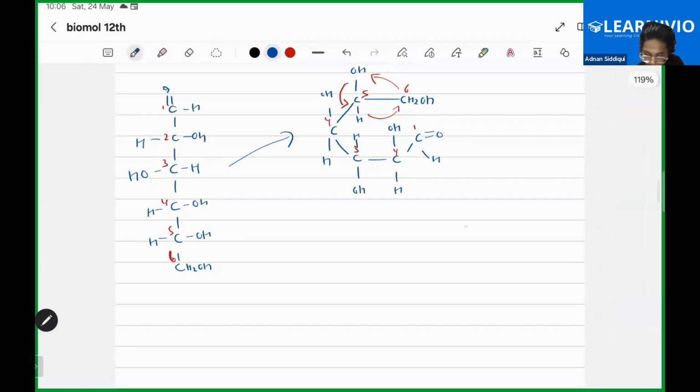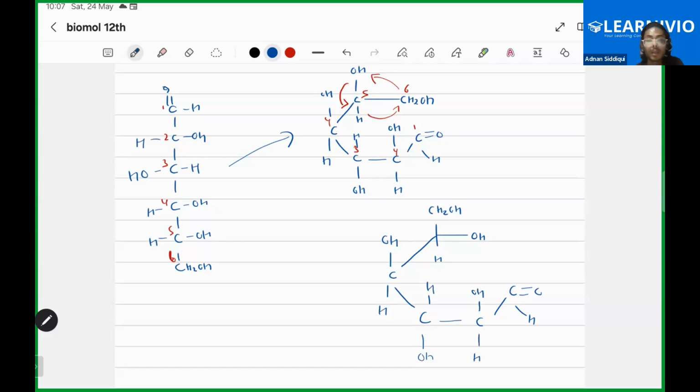Now it will look like this. Now our OH is here, and CH2OH will go this way. C, C, C, C, and OH, H, H, OH, OH, H.